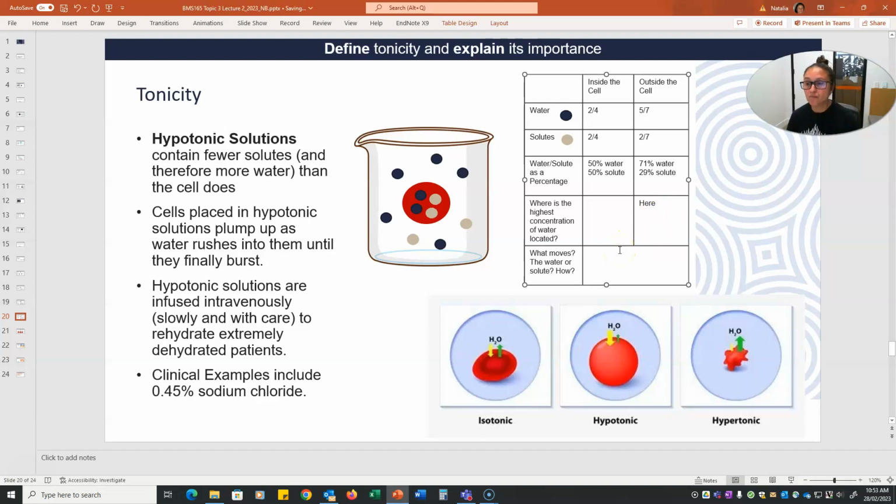So, what moves? Water or solute? Water moves by osmosis. So water's going to move from an area of high concentration to low concentration. So it's going to go from here into here.